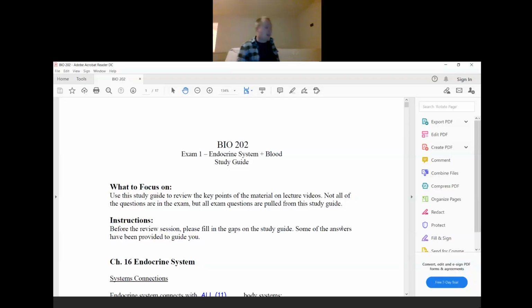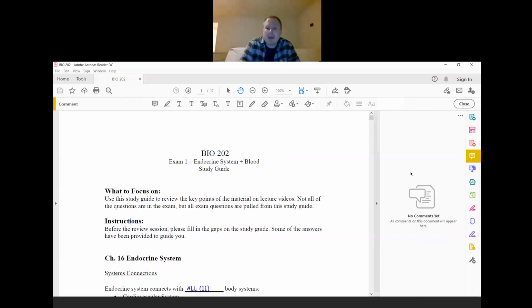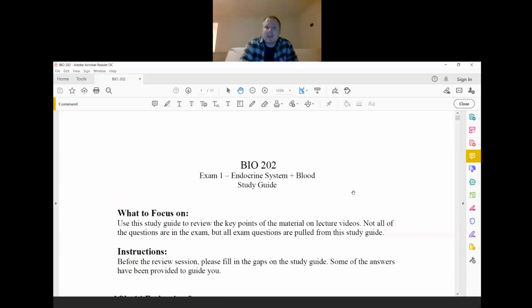You should be able to see now a PDF reader screen. That's mine. And on that, a document, which is the study guide with the actual answers to all those gaps that we were missing. So we're going to use that to go through the material.